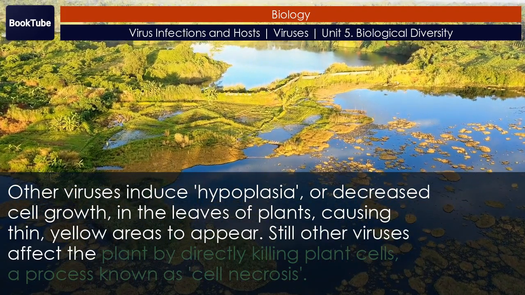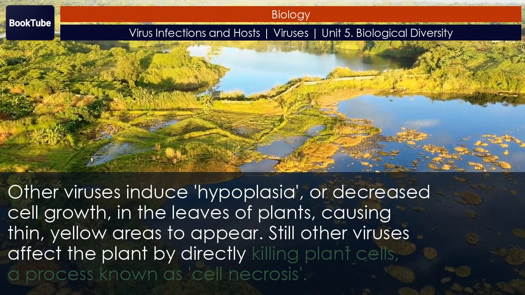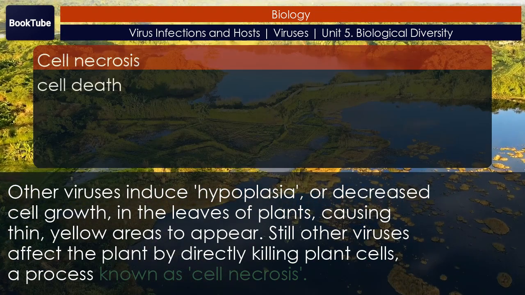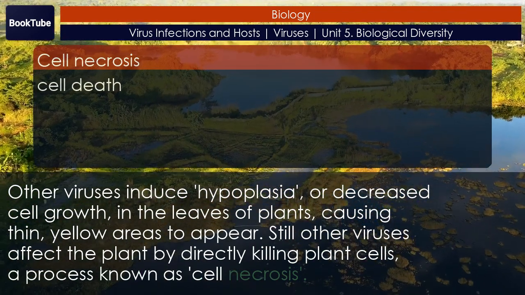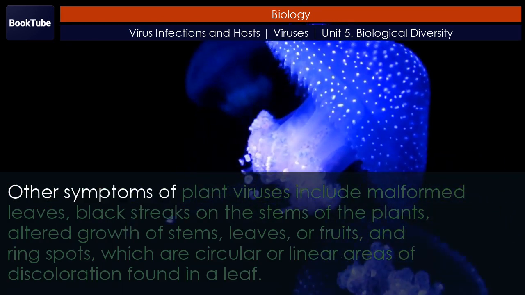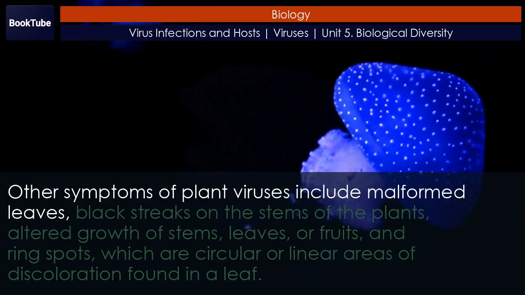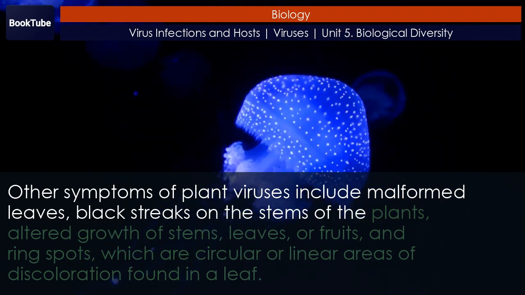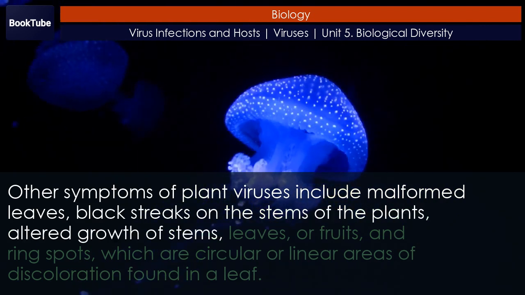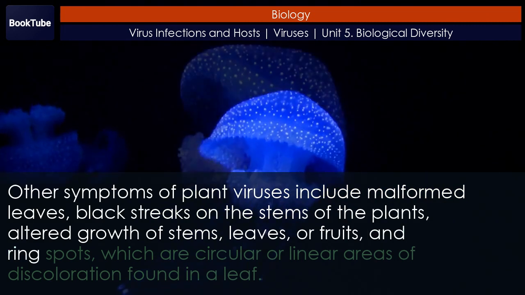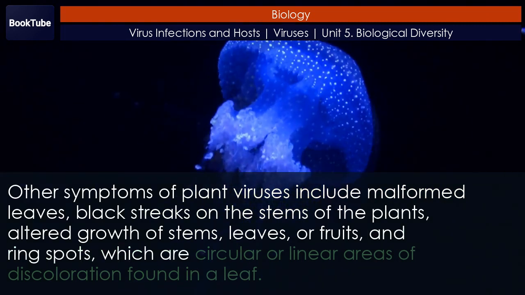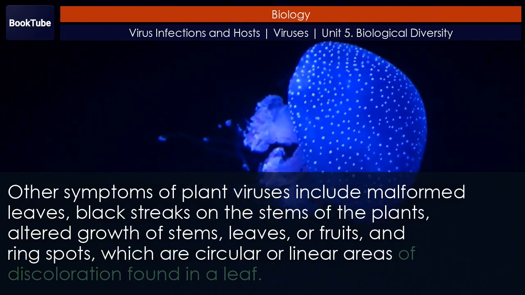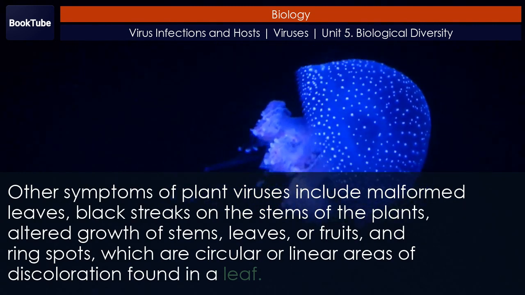Still other viruses affect the plant by directly killing plant cells, a process known as cell necrosis. Other symptoms of plant viruses include malformed leaves, black streaks on the stems of the plants, altered growth of stems, leaves, or fruits, and ring spots, which are circular or linear areas of discoloration found in a leaf.